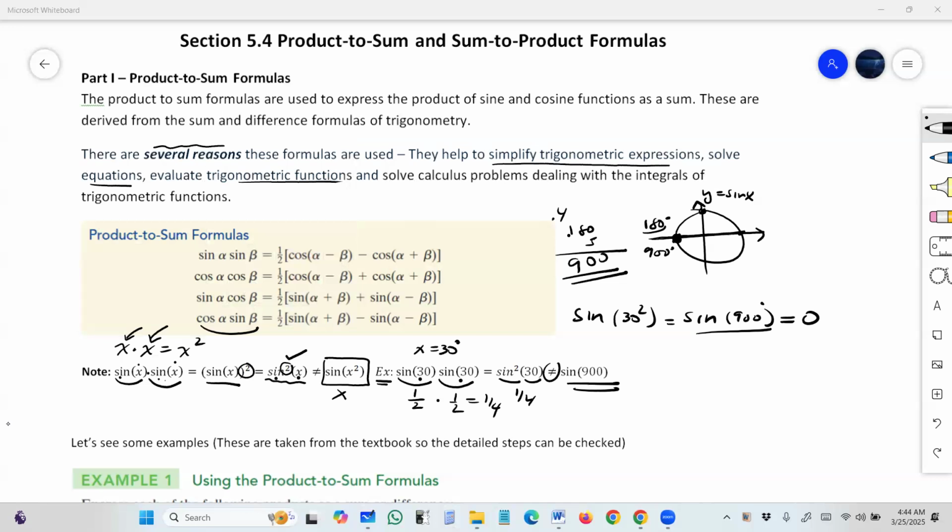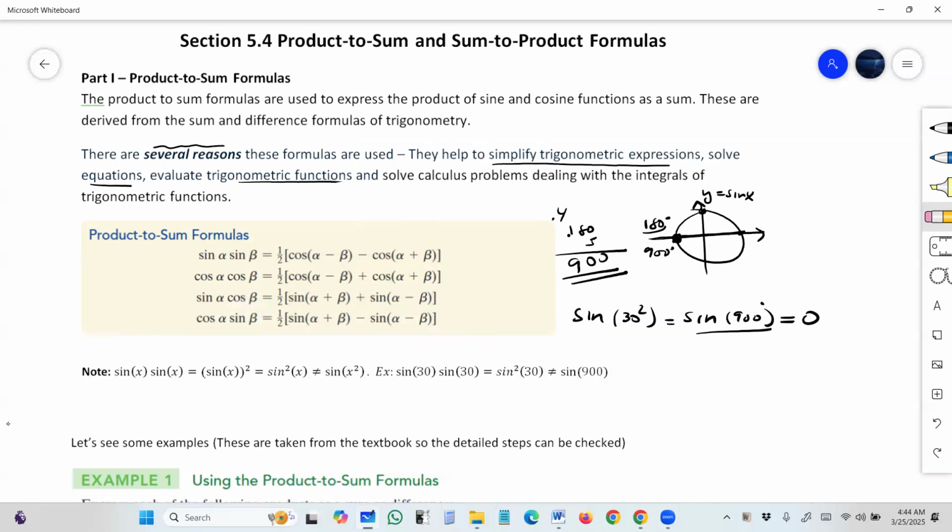So it's very important that you understand that sine x times sine x is sine square x, and that is not the same as sine x squared. So we don't multiply the angle, we multiply the function.